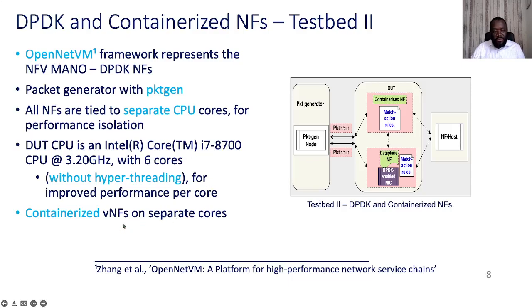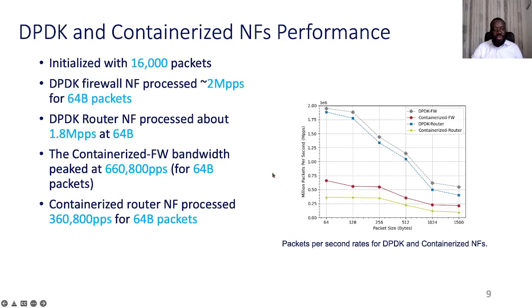So containerized VNFs as well were tied to separate cores. In terms of performance, you can see from the figure here on the right, where we initialized 16,000 packets to start with, to send packets. That's from the packet generator through the network functions to the host.